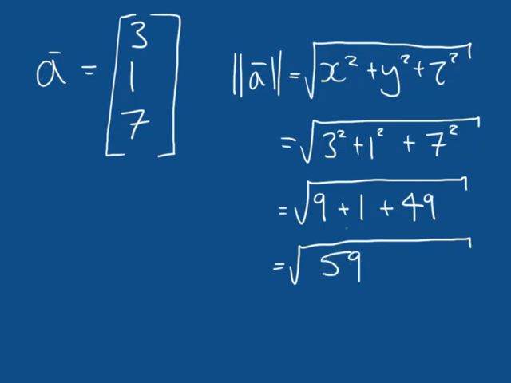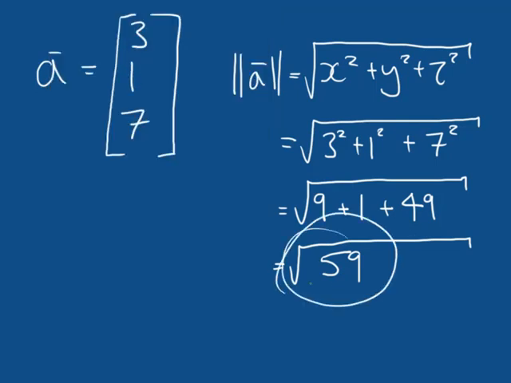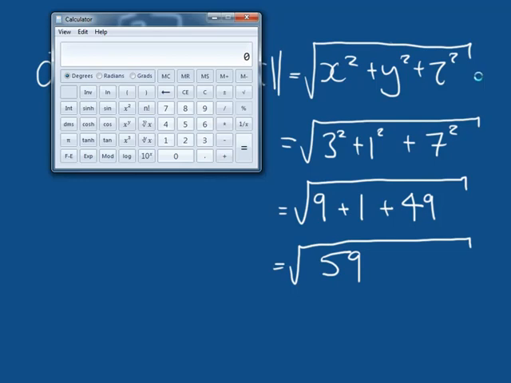Now, I am going to round this into an approximate value just so that we can use numbers to keep this as simple as possible, and then I will go through and show how this does work using our accurate value, that is the square root of 59. So this is the exact same procedure we took with the two-dimensional case.